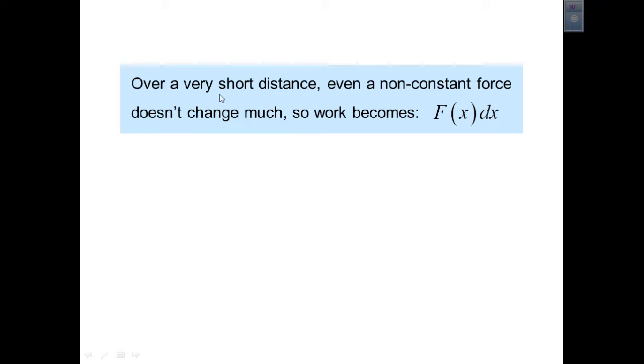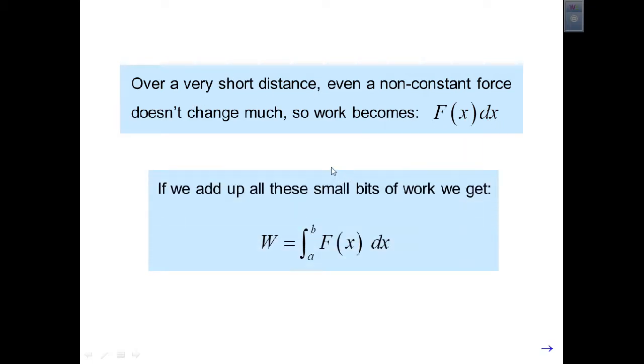Alright, so over a very short distance, even a non-constant force like we had before with the 30x doesn't change much, so work becomes just f of x times the small change in x that we're looking at over that very short distance. If we add up all these small bits of work, that's where we get work equals the integral from a to b of f of x dx.